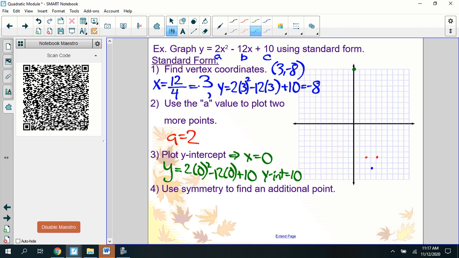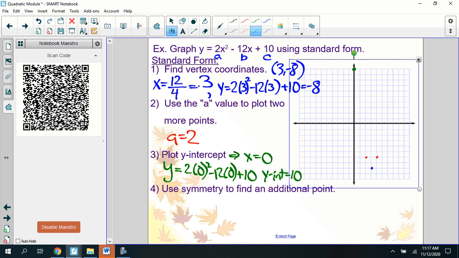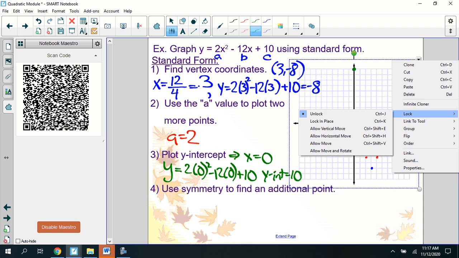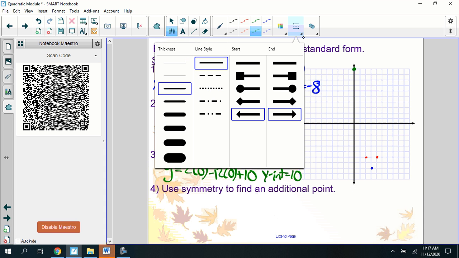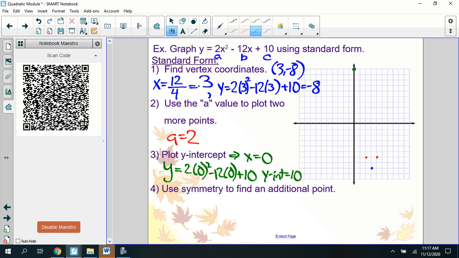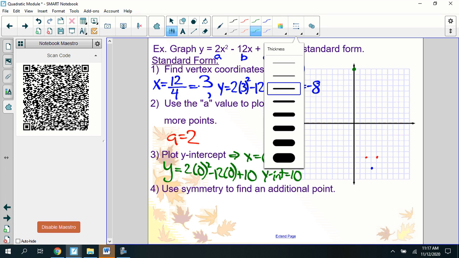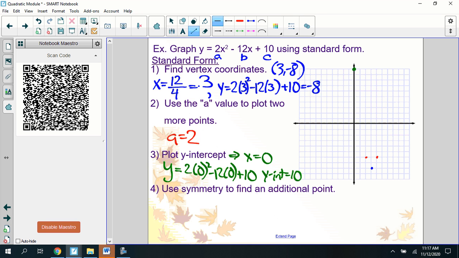That is called the line of symmetry. And the line of symmetry basically takes the parabola and cuts it exactly in half.